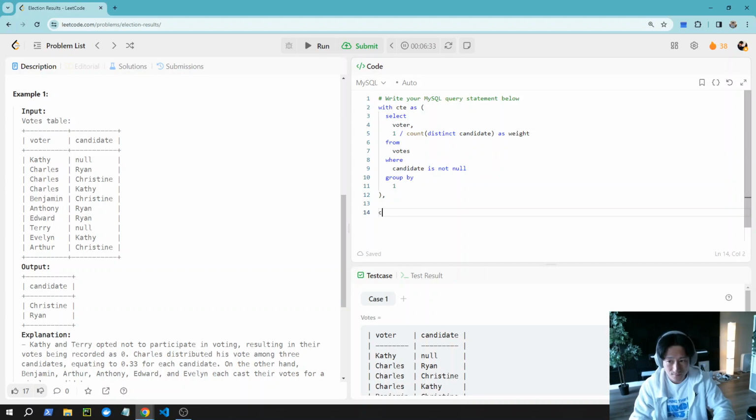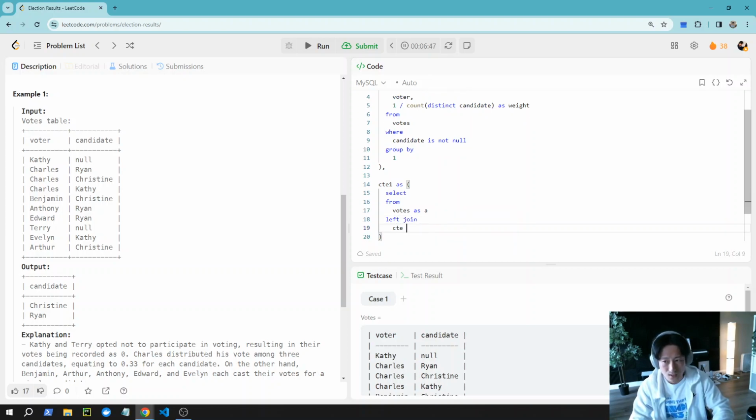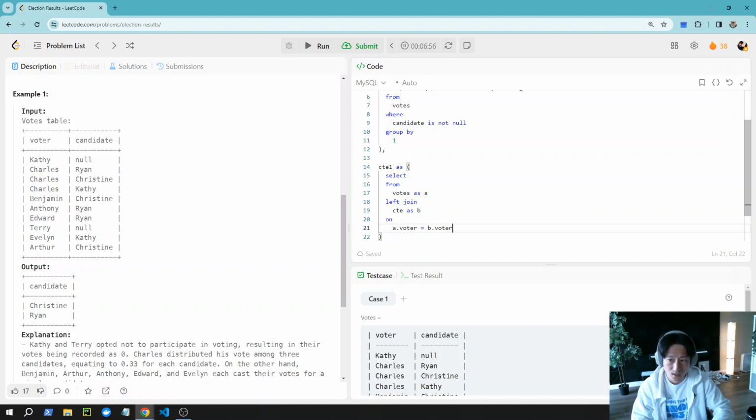Okay. And then I'm going to create one more temporary table, and this is going to be the original table. I'm going to rename it to A, and then left join CTE as B, and the joining condition is A's voter is equal to B's voter.